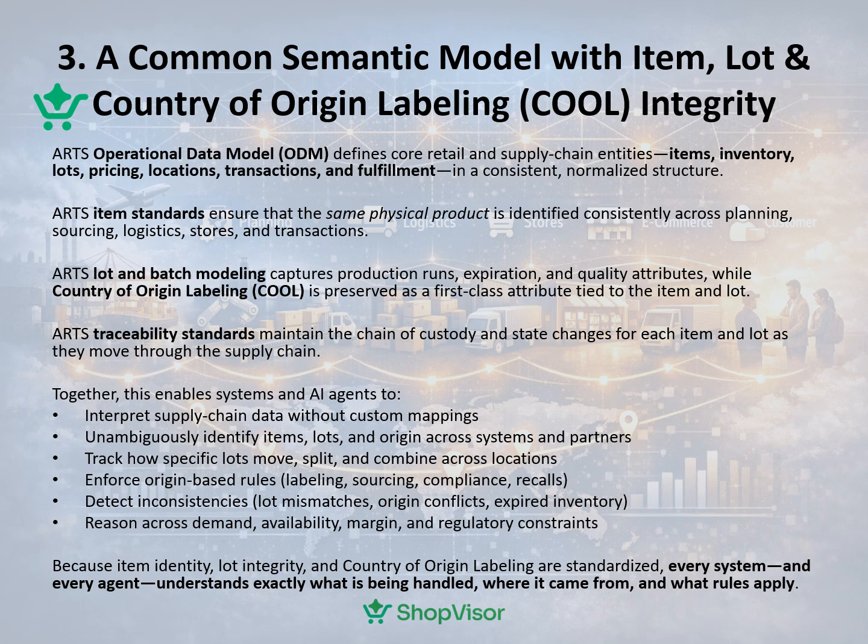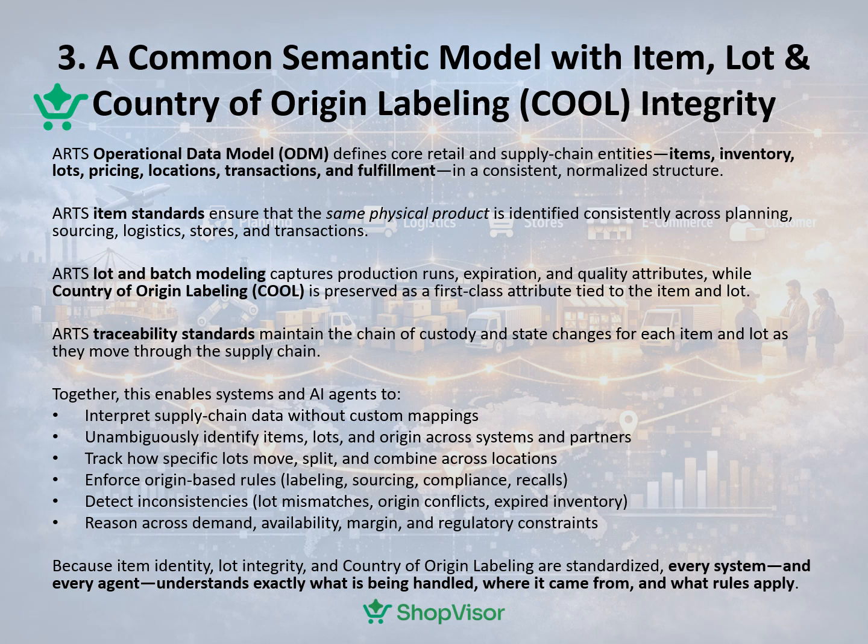Together, this enables system AI agents to interpret supply chain data without custom mappings. Huge. Every vendor loves to do their own names for things. It provides unambiguous identification of items, lots, and origins across systems and partners. It tracks how specific lots move, split, and combine across locations.